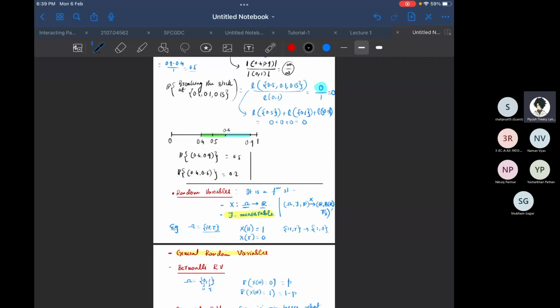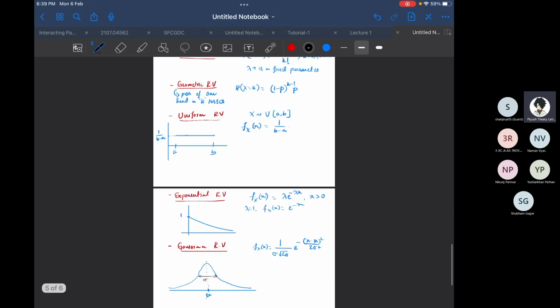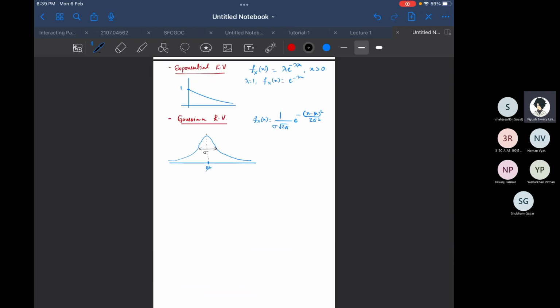I think today's portion is not that interesting. I don't have anything today because it's mostly routine stuff in probability.